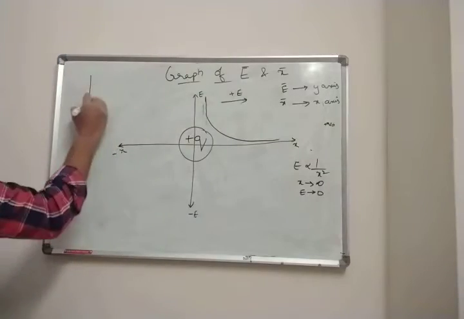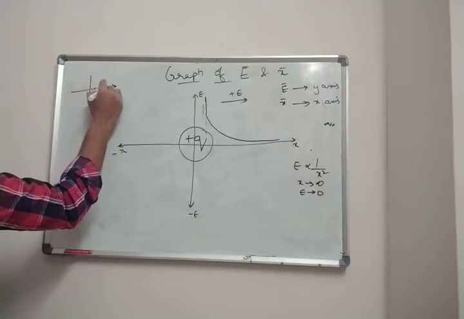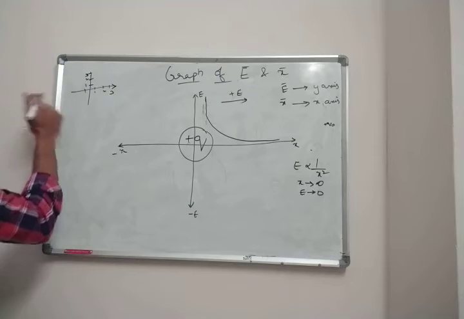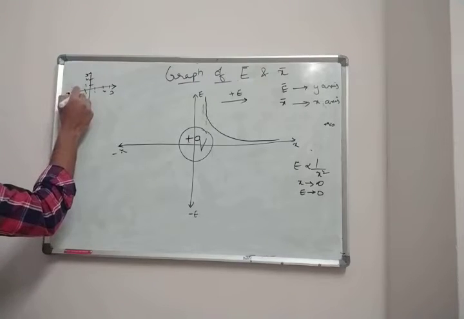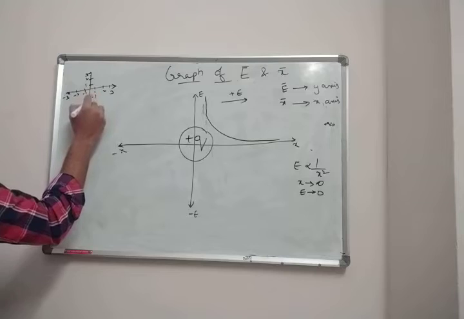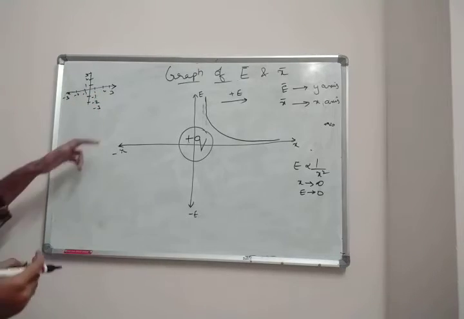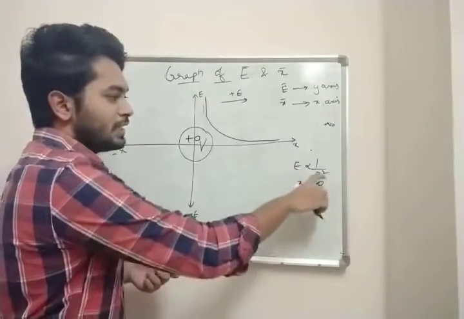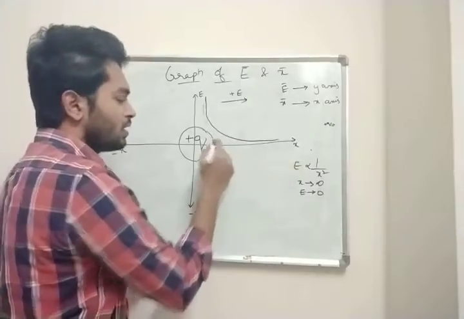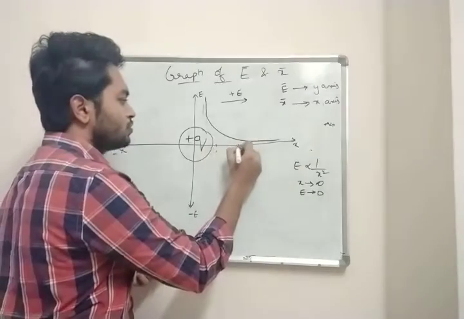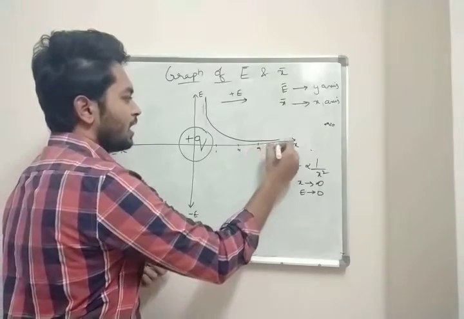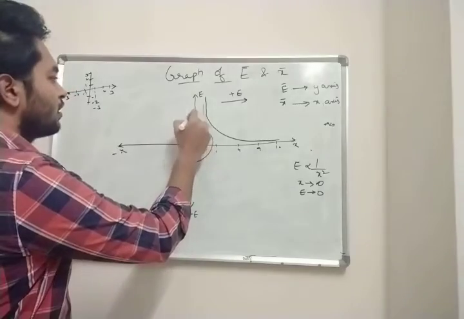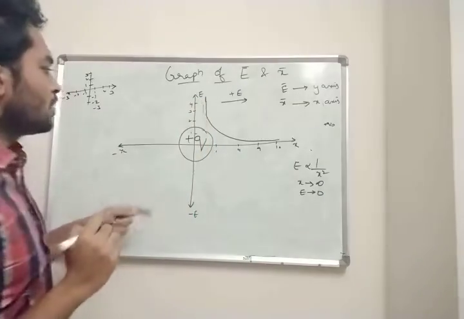Now if you plot your points, how will you get it? In this direction take 1, 2, 3, and in this direction also 1, 2, 3. And here this is negative x, so minus 1, minus 2 and minus 3. Suppose I want to substitute the values, now it is x square, so all are squared. 1 square is 1, 2 square is 4, 3 square is 9 and 4 square is 16.